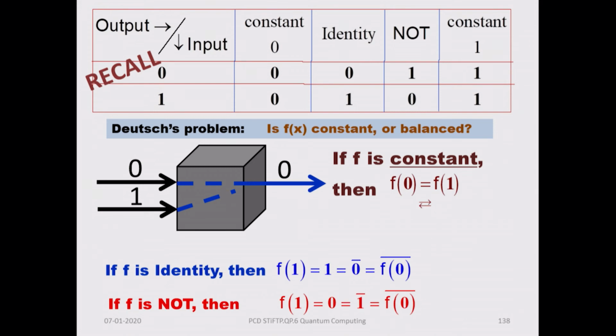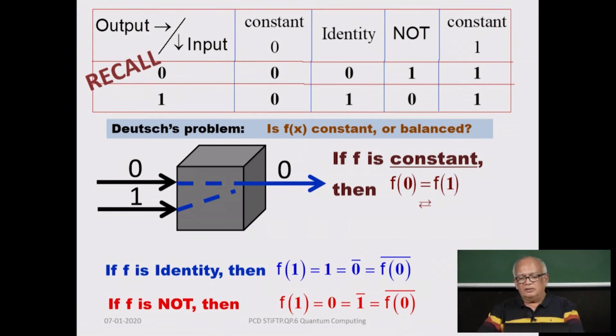The only thing we know is that if the function is identity, then f1 is equal to 1, which is the opposite of 0, and it will be the opposite of f0 because f0 is constant, it is an identity.